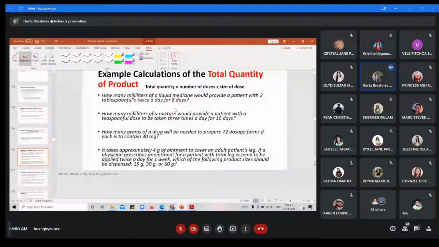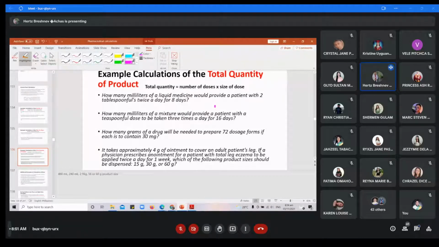Okay, number 1, the question is how many milliliters of a liquid medicine would prescribe a patient with a 2 teaspoonful twice a day for 8 days? Now, the question here is in terms of milliliters, no? But the given is 2 teaspoonful. So we need to convert. So 1 teaspoonful is equivalent to 15 ml.